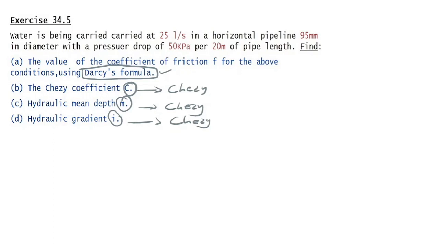So let us write the data that we have from this problem. We have the flow rate, it is 25 liters per second. Then we have the diameter of the pipe, which is 95 millimeters.